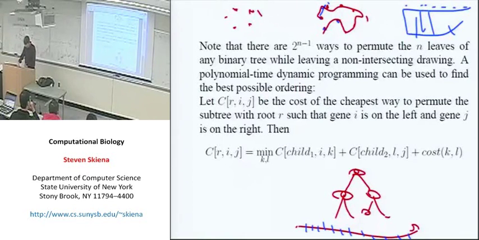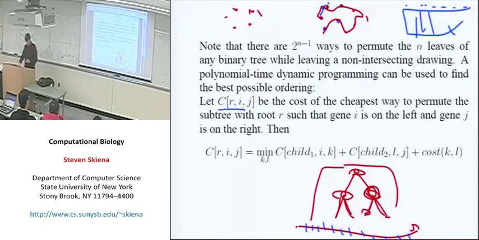But I have a tree here that I am trying to respect, so it's not any ordering that suffices. It's the ordering according to this tree. So what are we going to do? I'm going to define now a recurrence function.